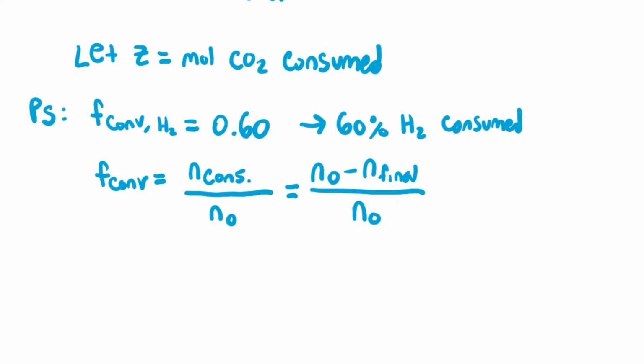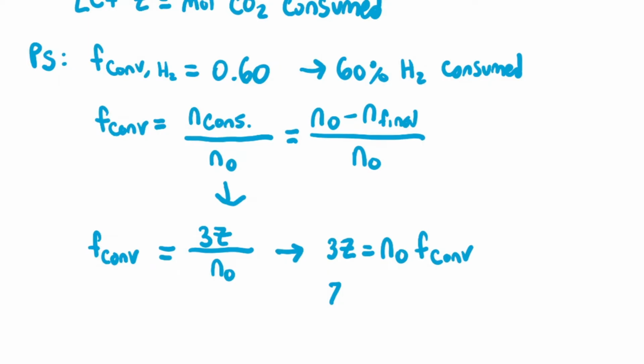And now we can get that Z is going to equal N naught F conversion all over 3.